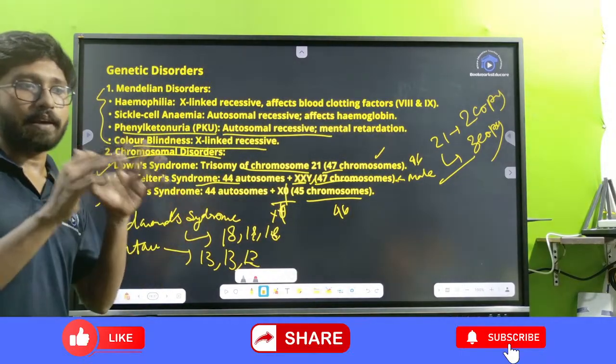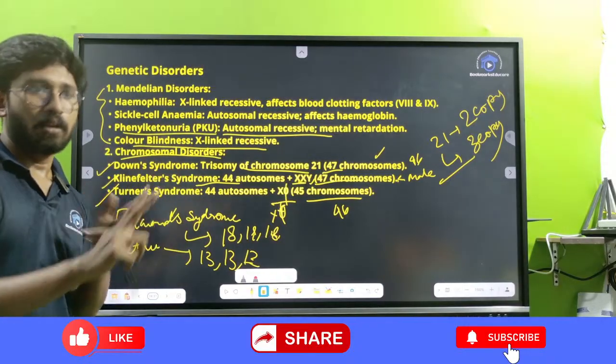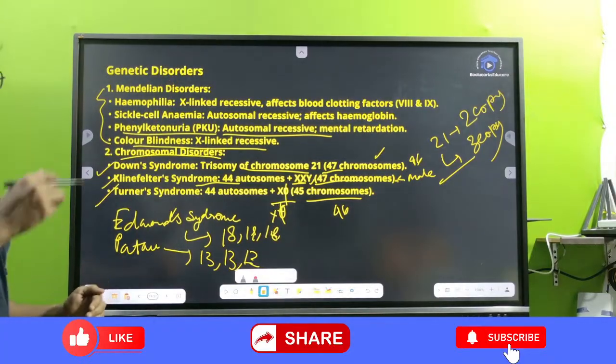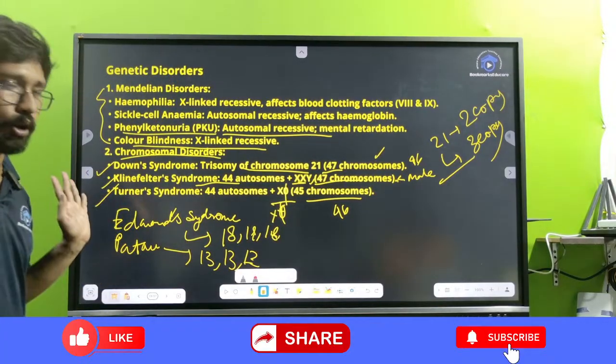We always are supposed to have 2 chromosomes, but if you have tri, tetra या फिर mono, that means number of chromosome you are supposed to have, you don't have.